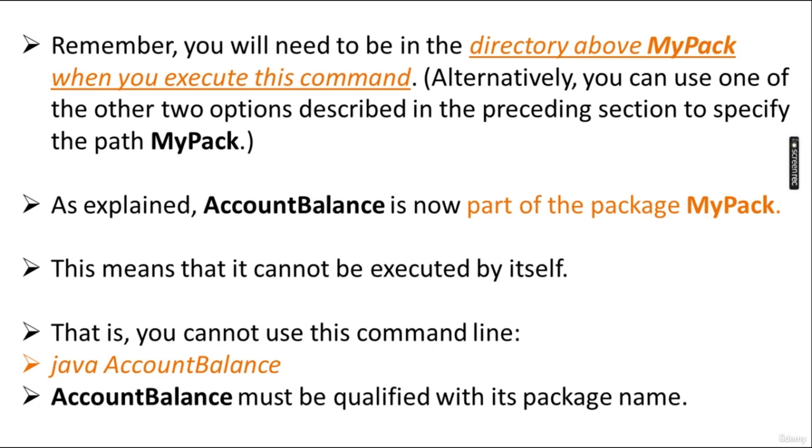As explained, AccountBalance is now part of the package mypack. So AccountBalance is a Java file and now it is inside the package called mypack. This means that it cannot be executed by itself.